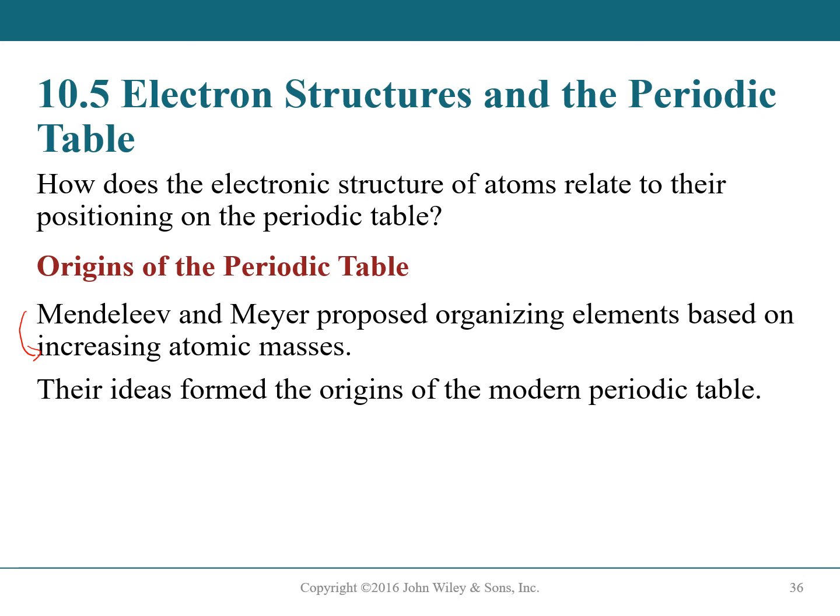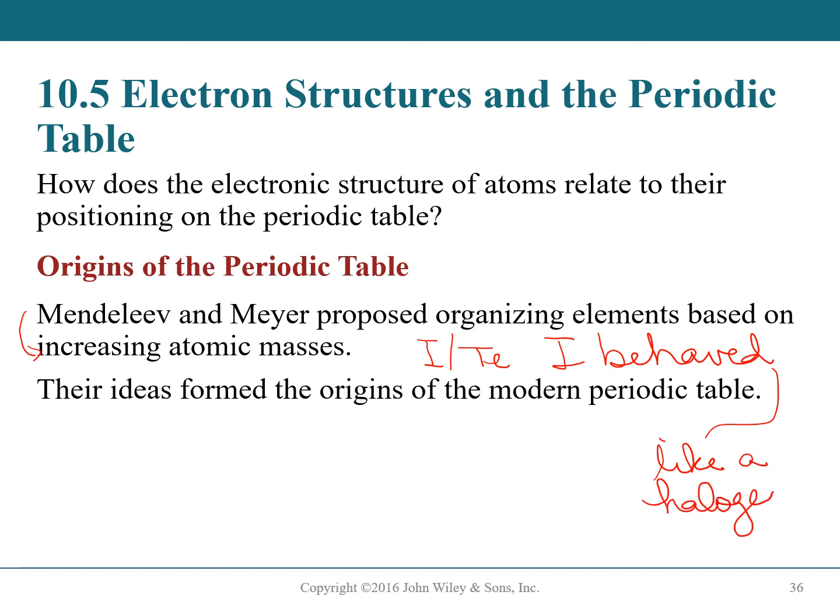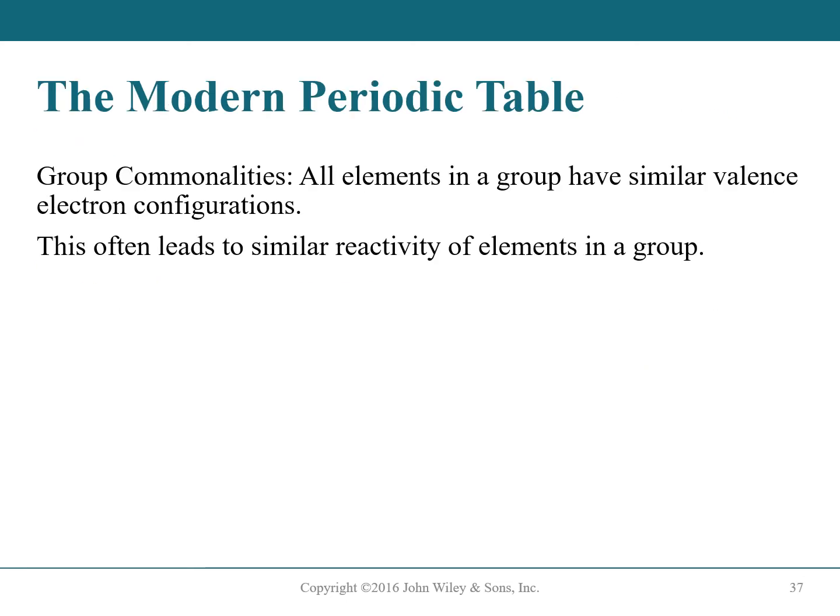In particular, iodine and tellurium were switched because iodine behaved more like a halogen, like bromine and chlorine. So when they organized it, that's how they started getting the modern periodic table.